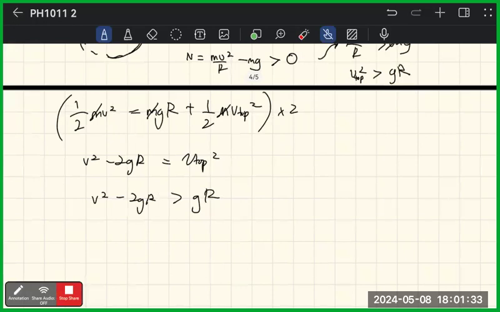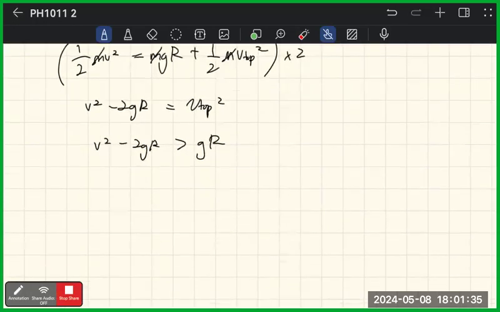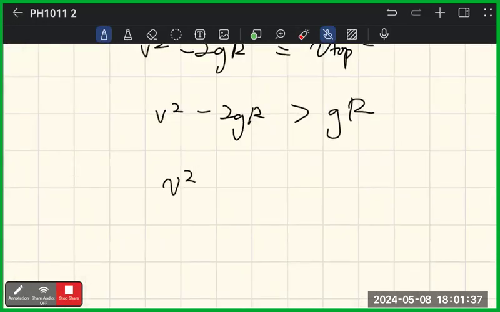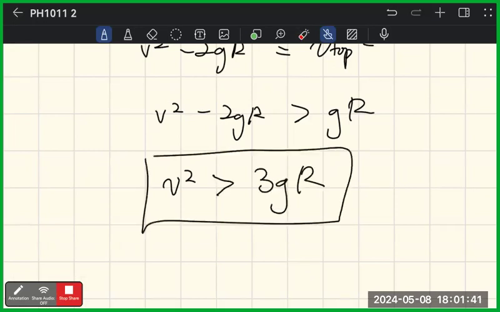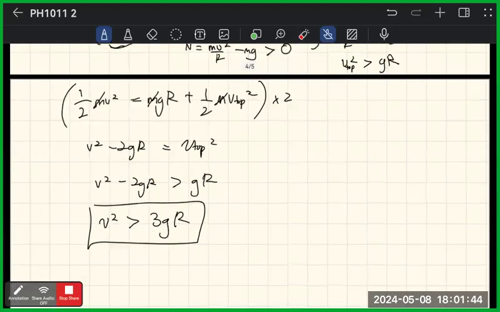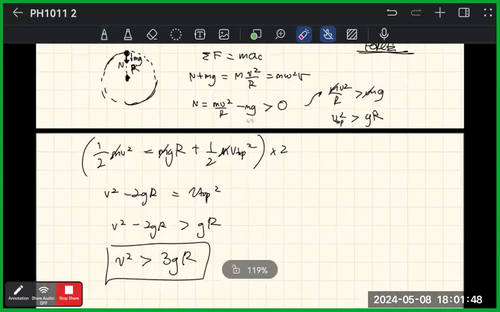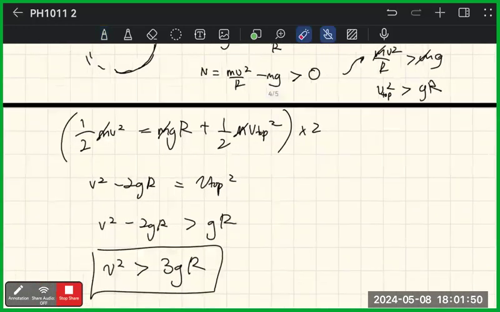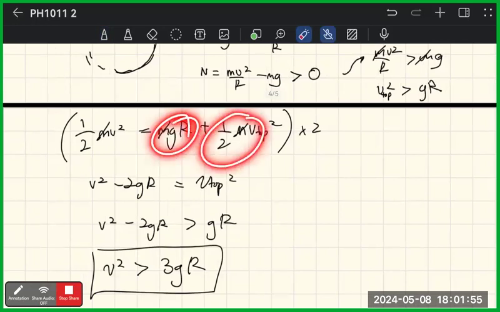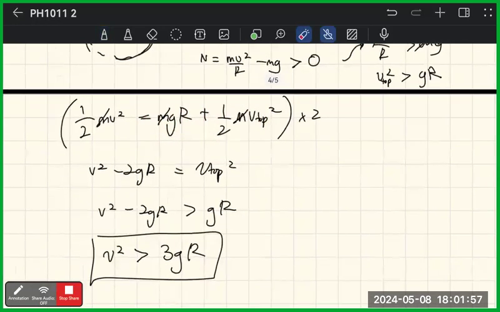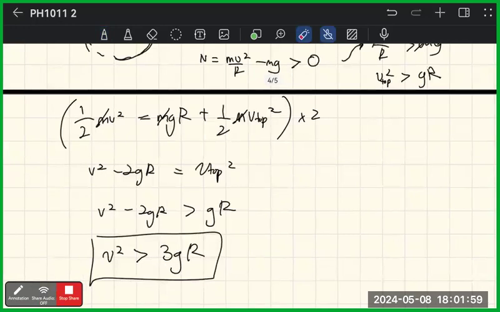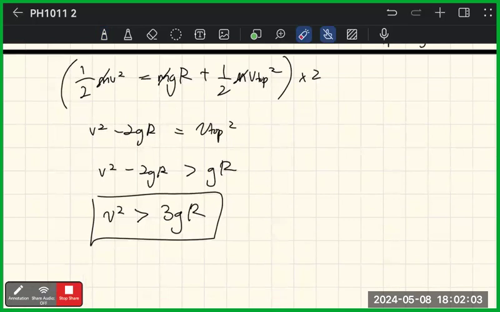Wait up, is it correct? Yeah, it's correct. So v squared has to be larger than 5gr. Okay, that's it. Wait, is it correct? Why does it seem like there's something missing? Half of mv squared equals mgr. No, it's correct. Yeah, this is how you do it.